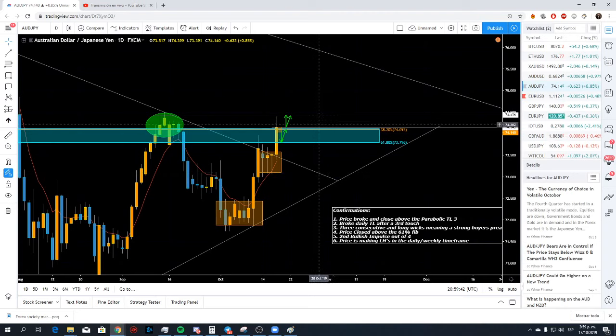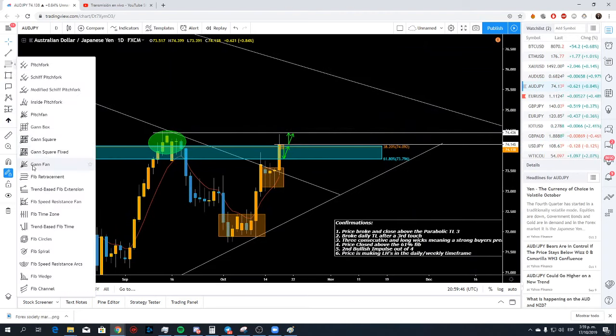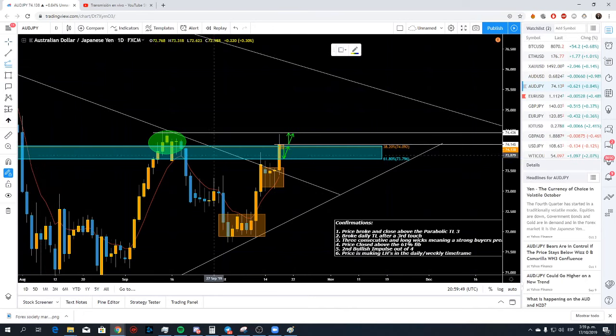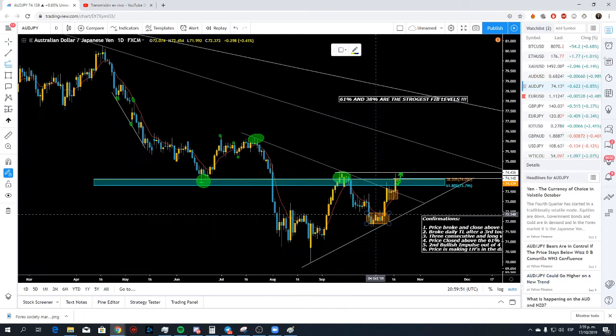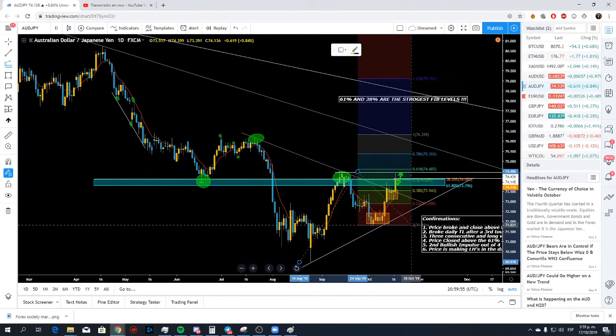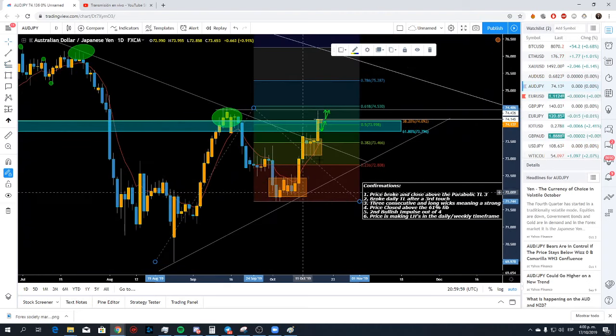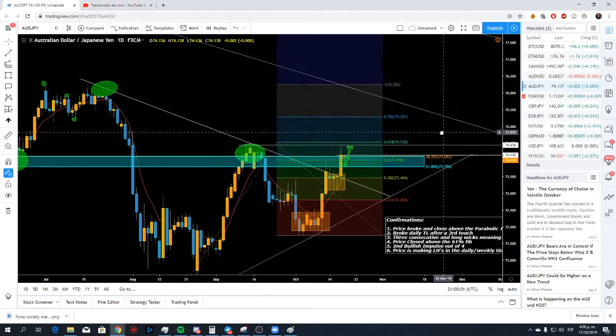So we got the signal right here. We're gonna find the targets with Fib extension. We'll do this way, this way, this way. This will define our targets and stop loss, okay?